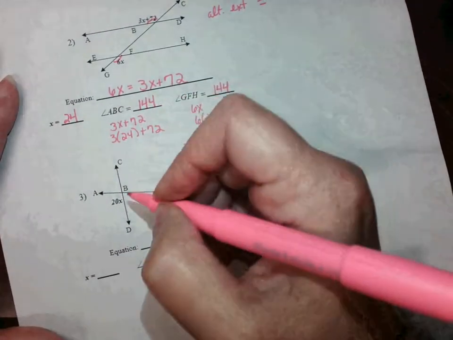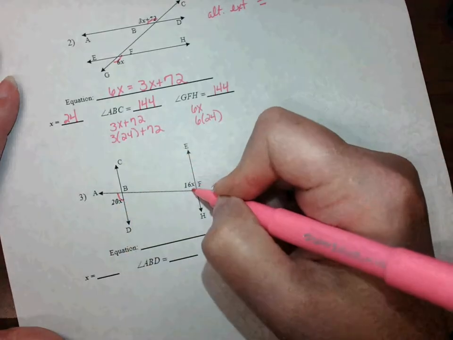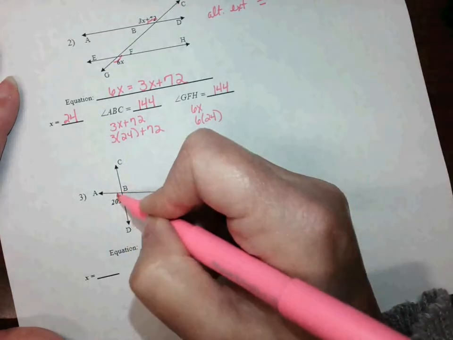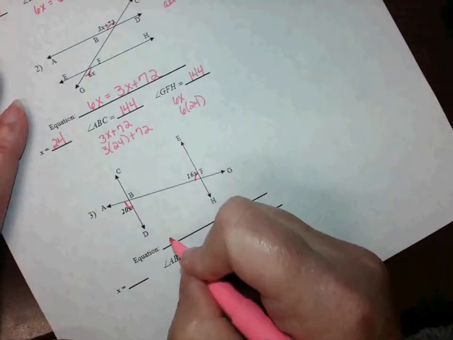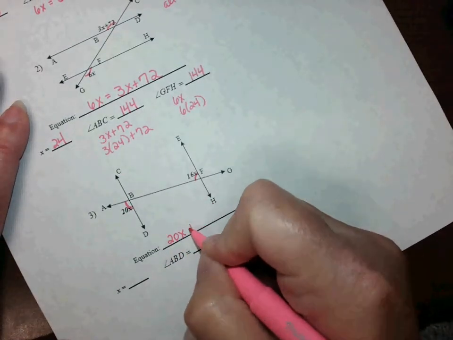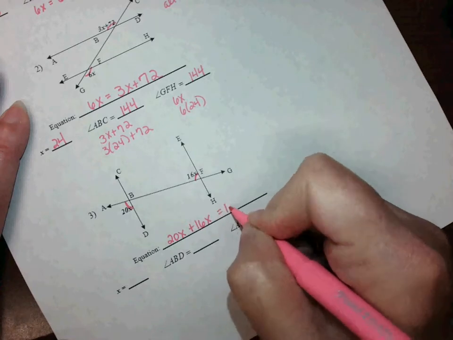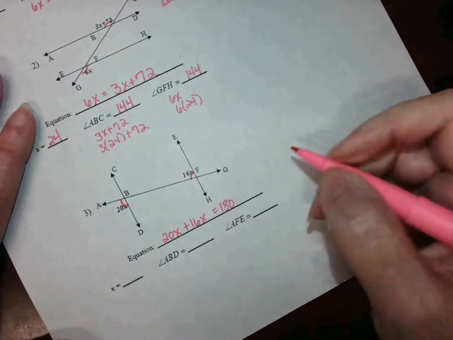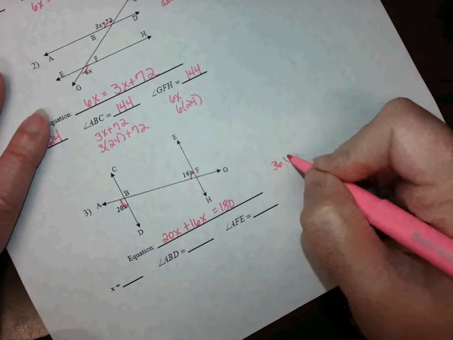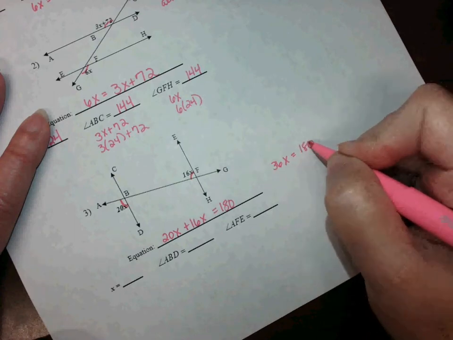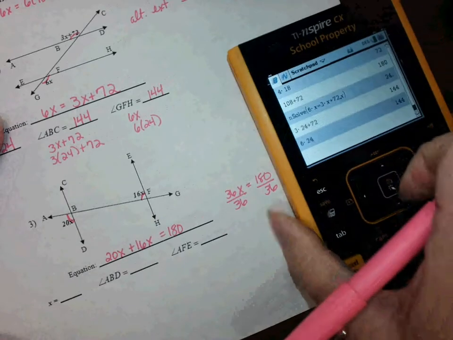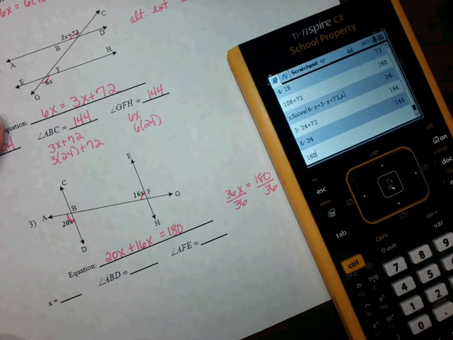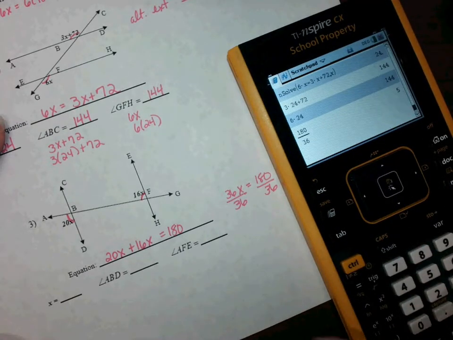And then the last one, we've got this angle and this angle. I see an obtuse and I see an acute. These are going to add up to 180 degrees. So that's 36x equals 180, divided by 36. 180 divided by 36 is 5.